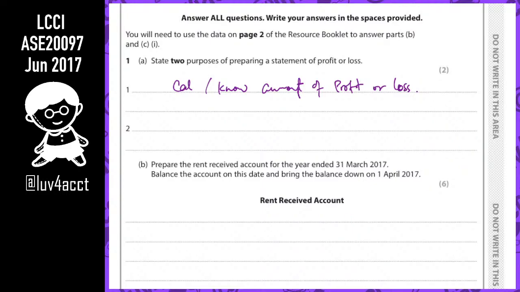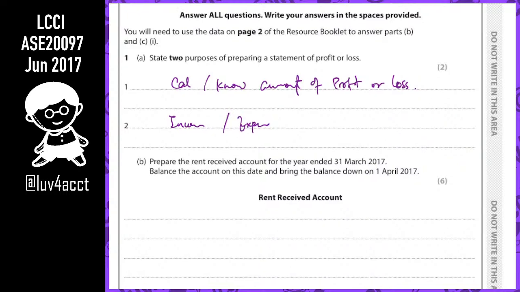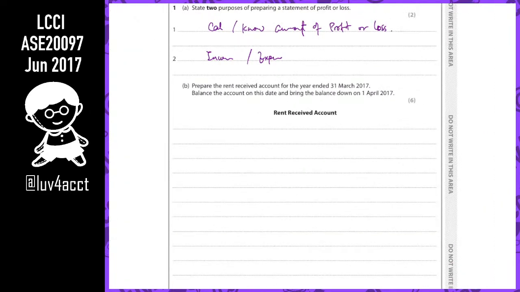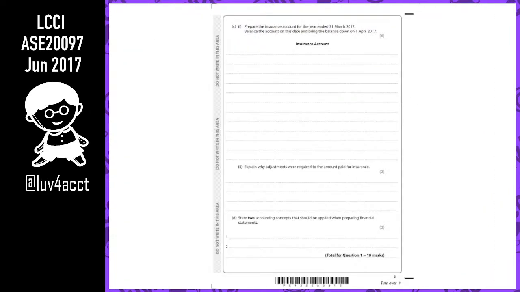Also sometimes it's not only to know the profit, but to know how much income we have, or how much expenses we have, cost of sales, so on and so forth. And then we have the rent received account, insurance account, and some other questions.